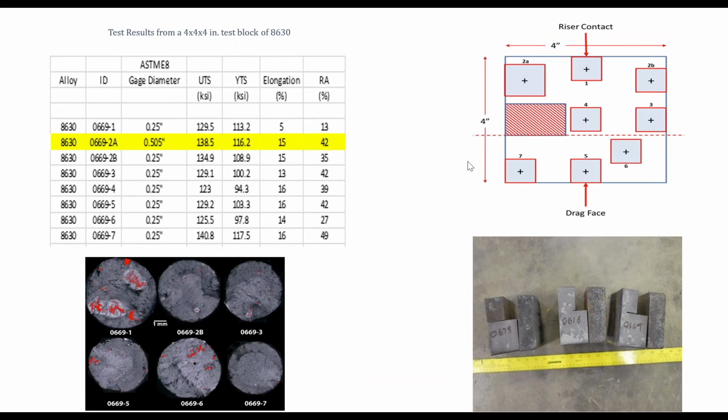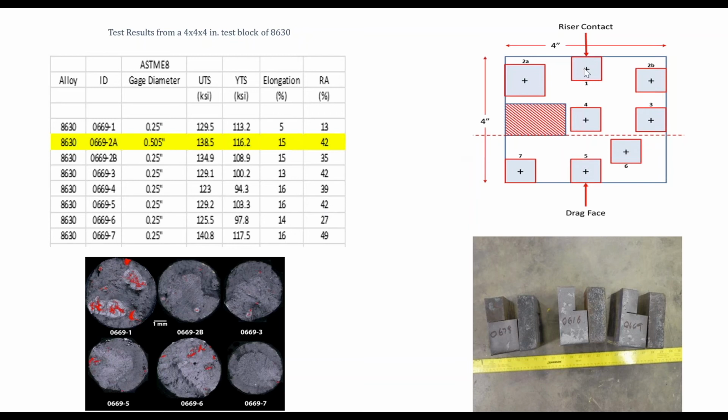Now, we would expect then that something like item 6 would give us good properties, but it doesn't even meet the requirements. And yet all of our data from our original work says that the biggest difference is drag to cope, not surface to center. If you look at the drag specimen, number 5, you get the best properties, high ductility, high qualification.